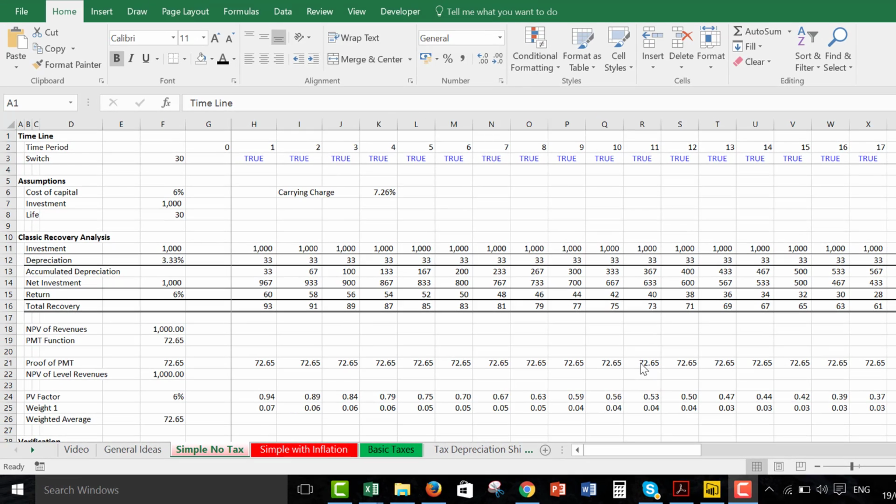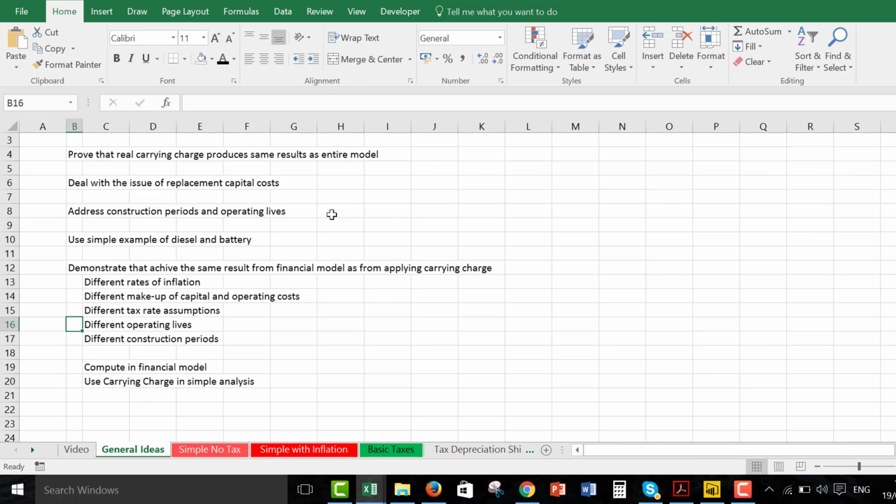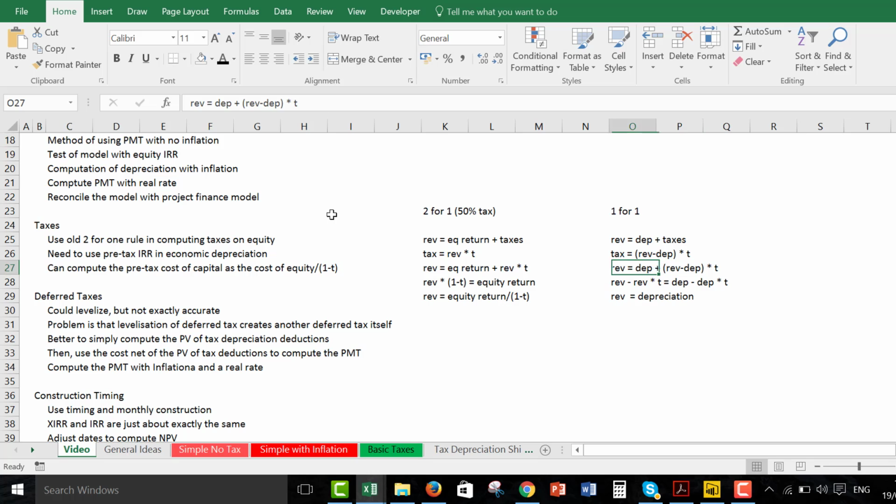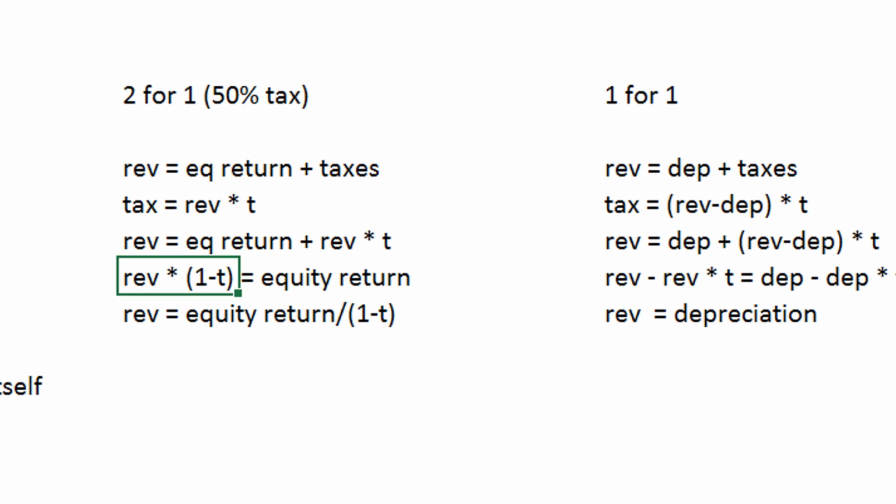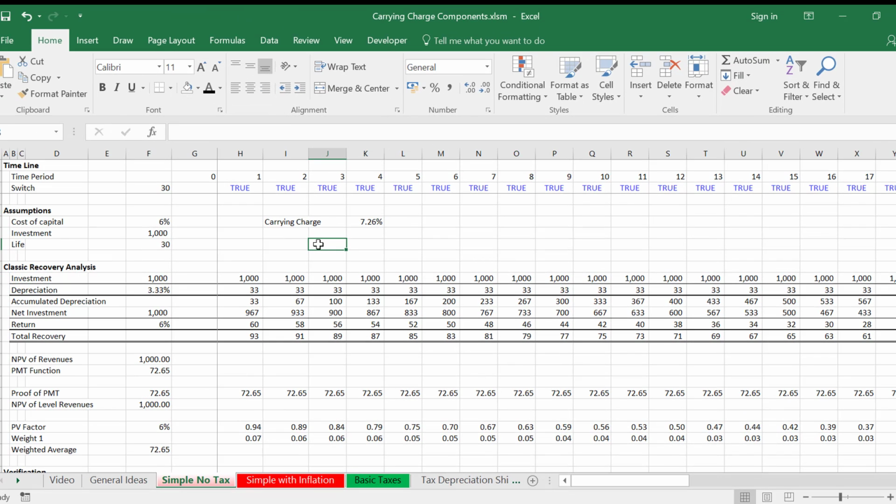The theme of the video is that if you want to adjust your carrying charges for taxes, you've got to make a little equation where you recognize that any equity return that's subject to taxes, the recovery requirement for that is the return divided by 1 minus the tax rate, whereas the return for other things is just the same return. You don't gross those up for taxes because those are deductible.